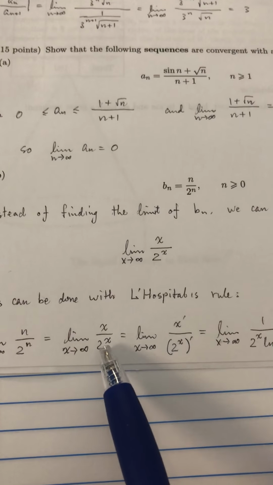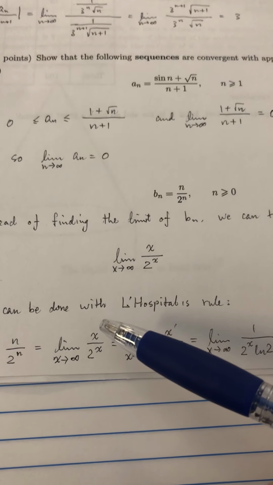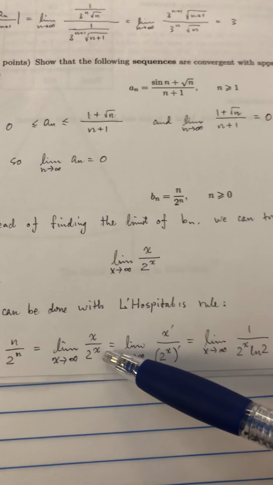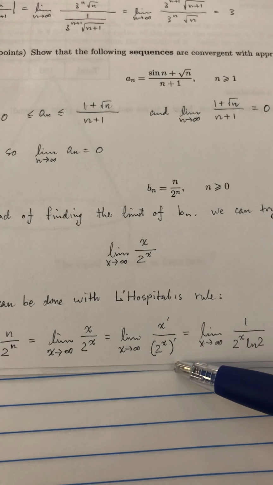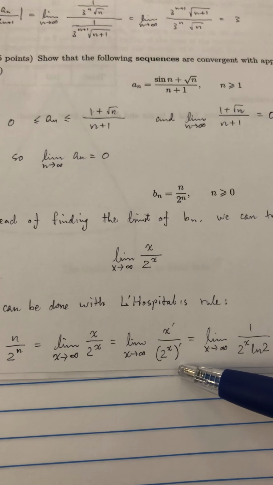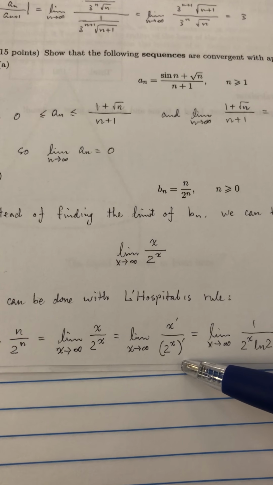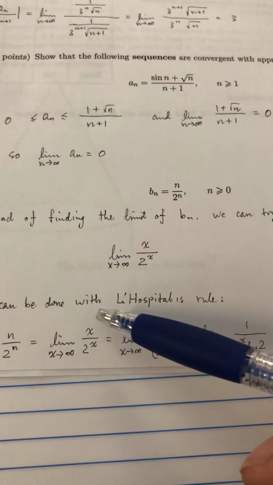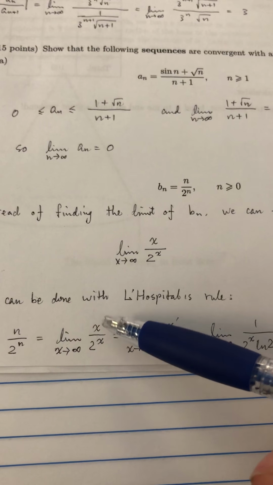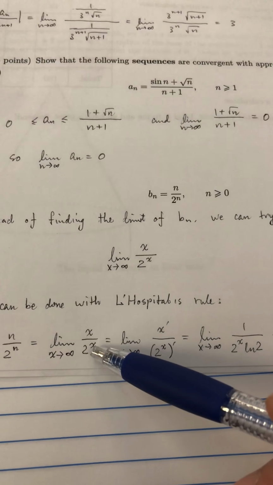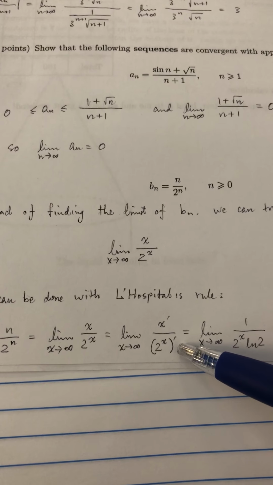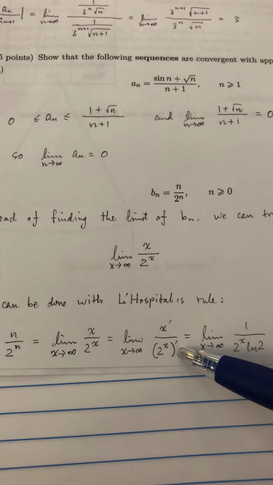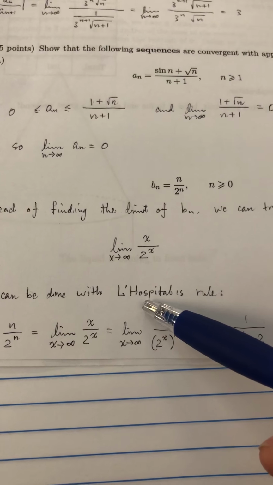Now to find the limit, you take the derivative of both the numerator and the denominator. Okay, be careful, we're not using the quotient rule to take the derivative of the quotient. We're taking the derivative of the numerator and the derivative of the denominator respectively. And this is called L'Hopital's rule.